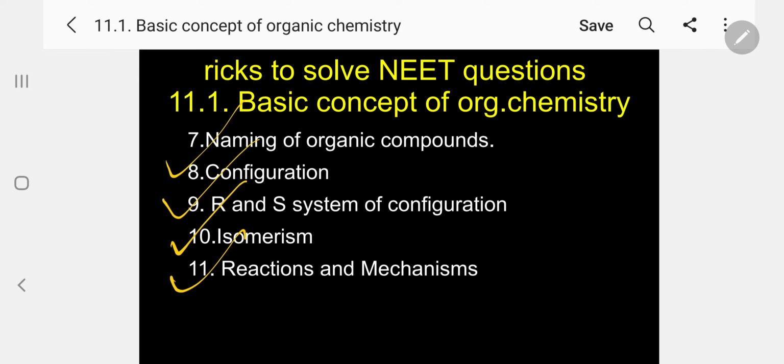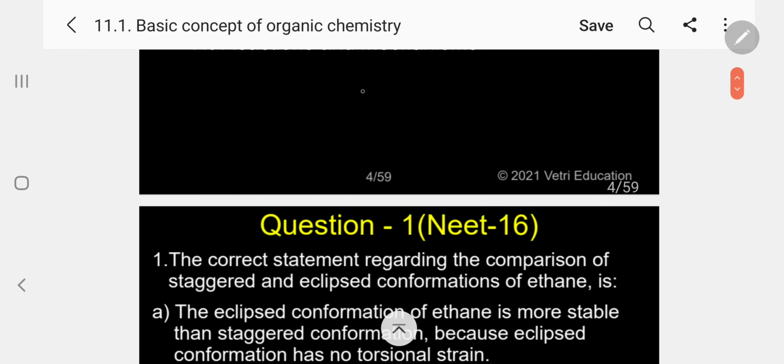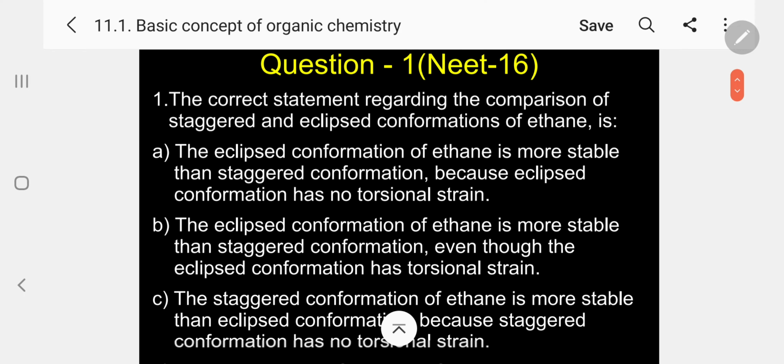So, let me go now to the questions asked in the last 6 years under this topic. First, question number 1, asked in NEET 2016.